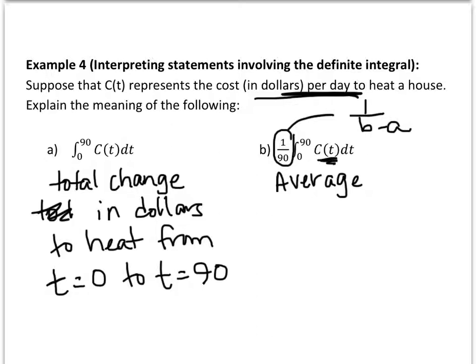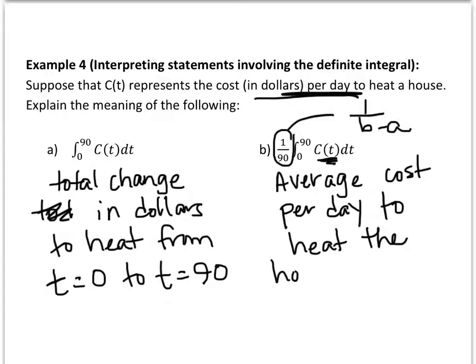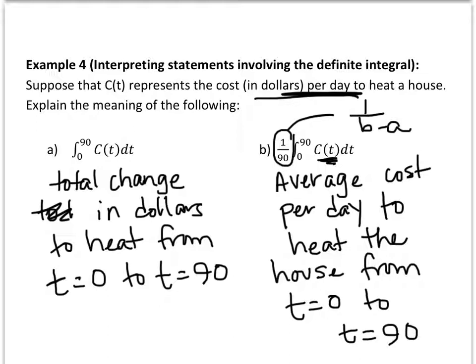So it's the average cost per day to heat the house over the 90-day period, from t equals 0 to t equals 90. So notice what I've done with this formula is I've taken the total cost to heat the house, divided it by 90, and that gives me the average cost per day.